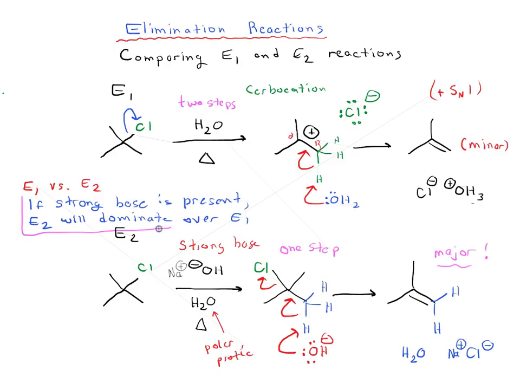So in this top case we just had water and nothing else. We got actually the E1 and a little bit of SN1. But if we add a strong base to our tertiary alkyl halide, we're going to get dominant E2 reaction. So if a strong base is present, E2 is going to dominate over the E1. So I hope this helped to clarify some of these issues concerning the E1 and the E2 reactions.